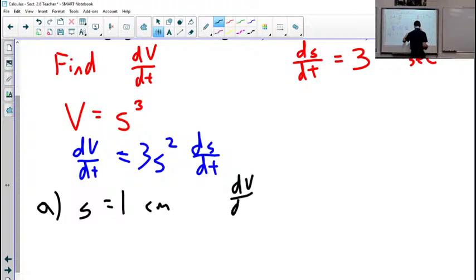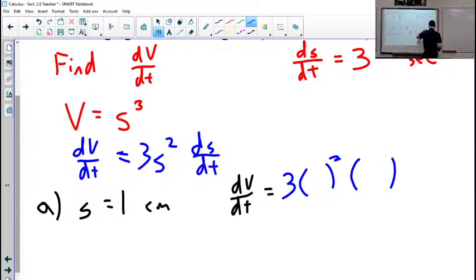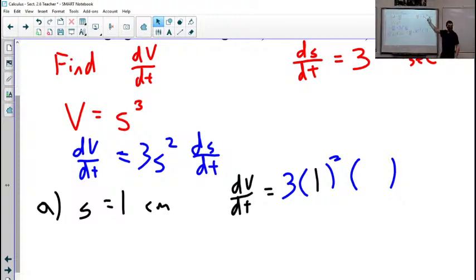So let's plug in everything we know here. dV/dt equals, well, it's going to be 3s squared times ds/dt. Well, our s here in this case is 1. And our ds/dt was 3. So we're going to put in 3 for ds/dt.